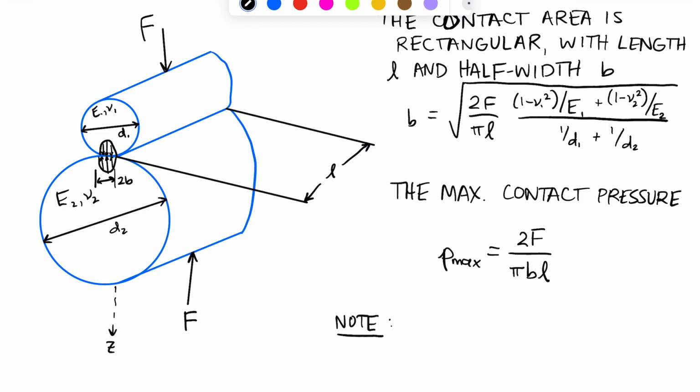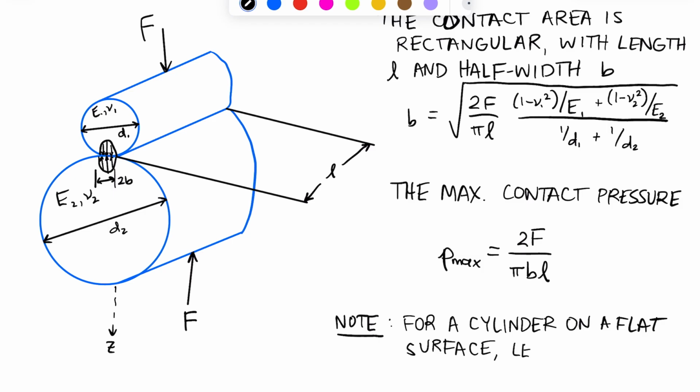These equations will also work for a cylinder on a flat surface. And again, if we plug in d equal to infinity for one of these diameters, the one that represents the flat surface, then we're going to end up in the denominator here with a 1 over infinity term, which goes to 0.